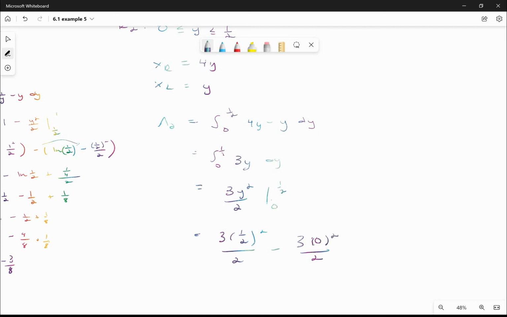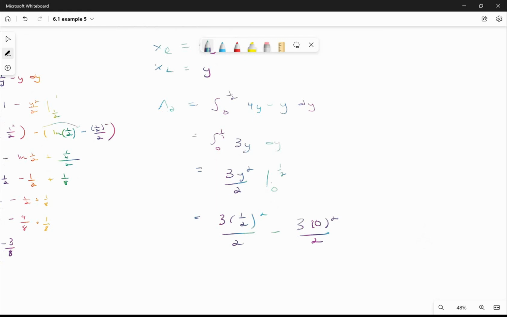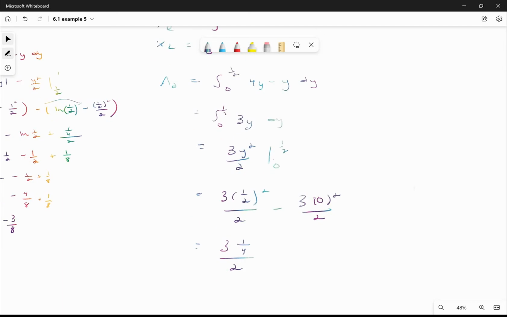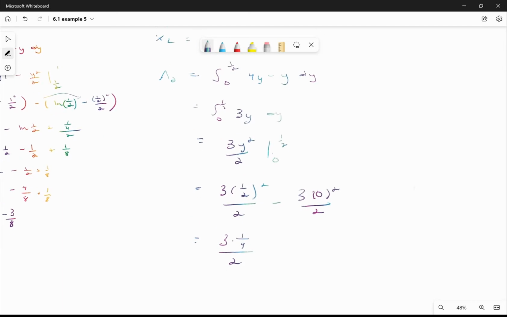Of course, that second term is 0, so this equals 3 times 1/4 over 2, which is just 3 over 8. That's our A2.